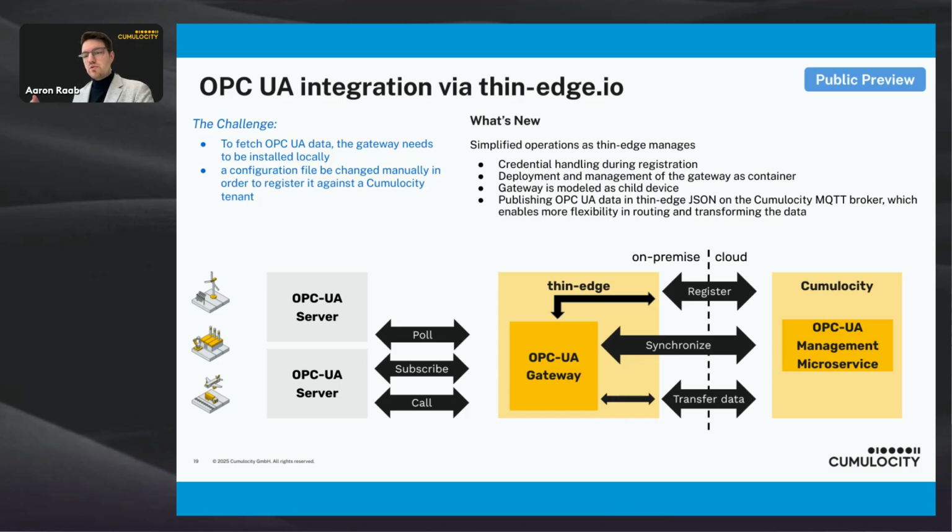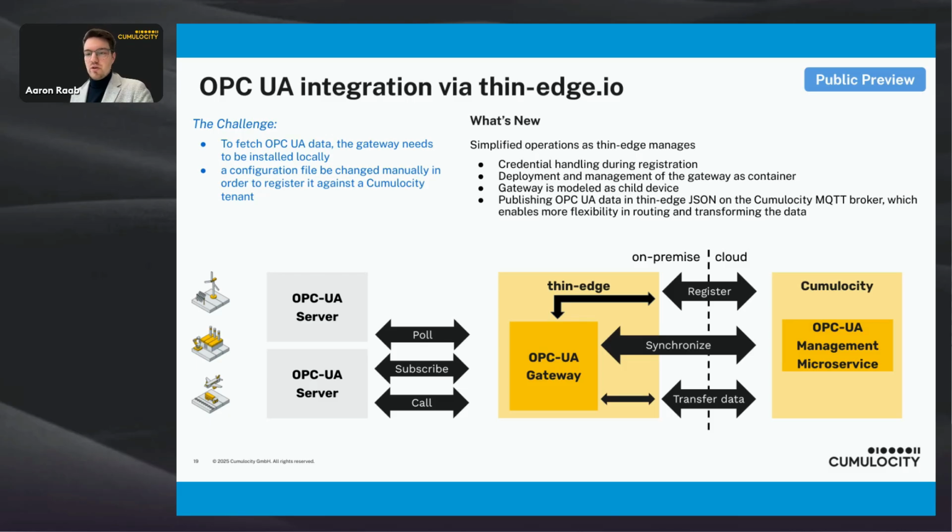We now moved to a new model, which deploys the OPC UA gateway as a Docker container on top of ThinEdge. This brings the benefit that you can do the management functionality or your operation of the gateway through ThinEdge, which then takes care of the authentication of the update process, and also the communication to the cloud, which makes this part way easier.